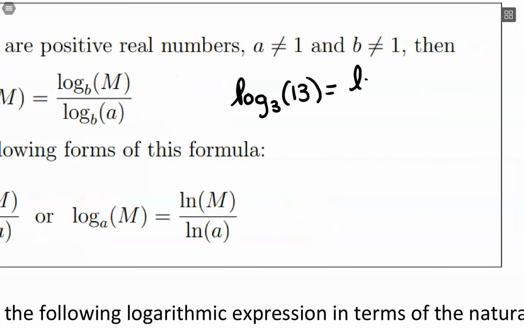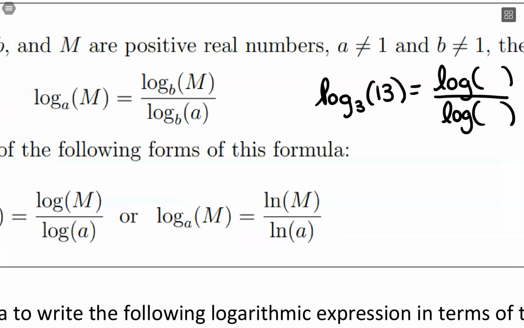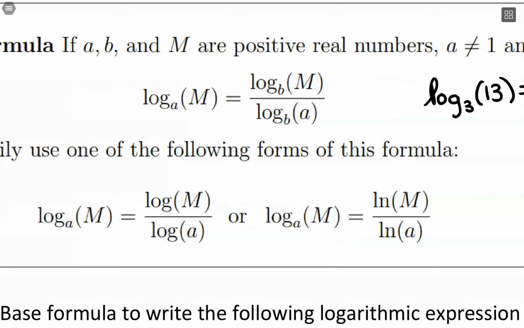So I go logarithm base 10 over a logarithm base 10. I end up with a division of two logarithms that are the same base, base 10. And then we just need to make sure that the correct pieces go to the numerator and denominator. It's going to go value to the numerator, base to the denominator.